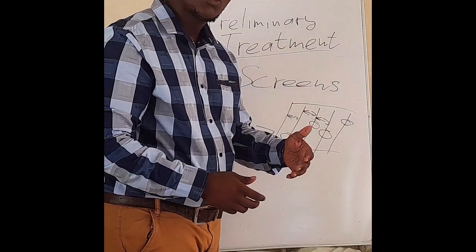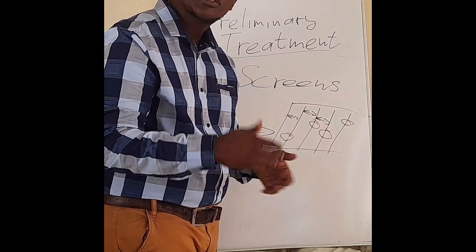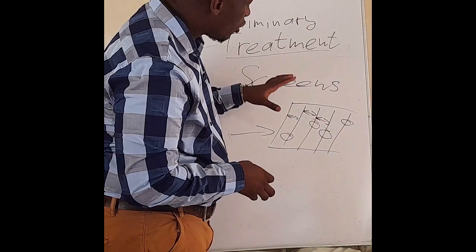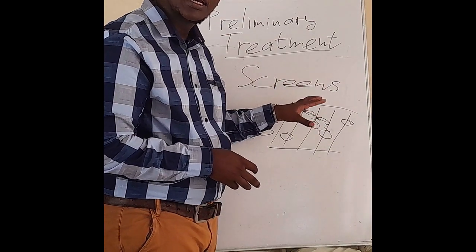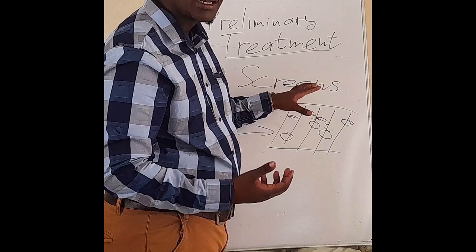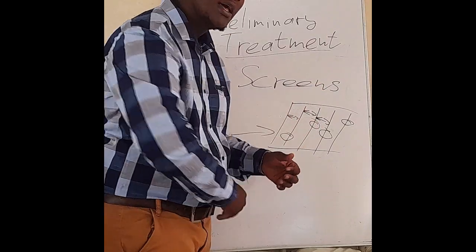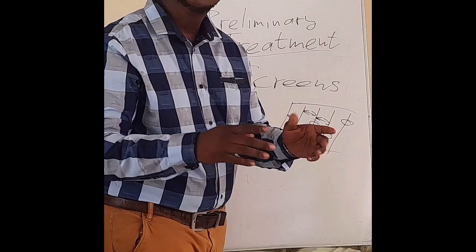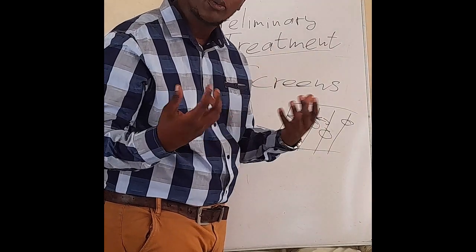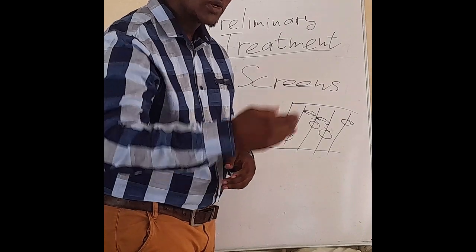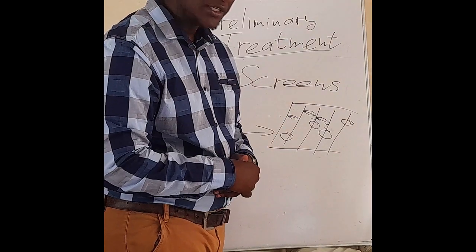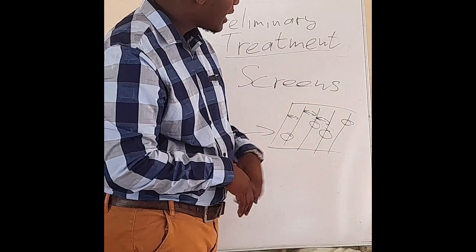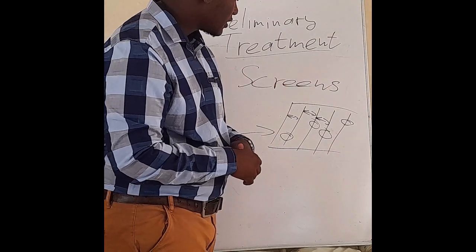Then the second one would vary between 1.6 to 3 millimeters perhaps. The reason for that is to hold back the much bigger solid particles on the first one, and then the smaller ones pass through into the second one, which has much smaller openings, so that they are held back and do not go to the following stage. So that just covers the screenings, and then we'll quickly look at our pre-chlorination after this.